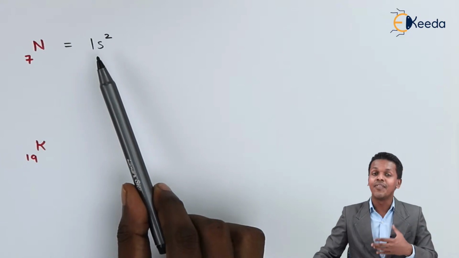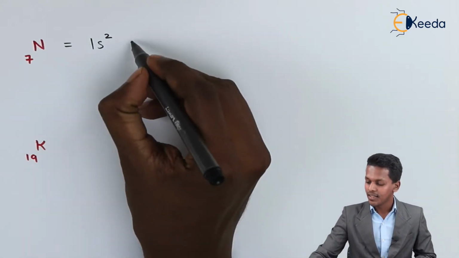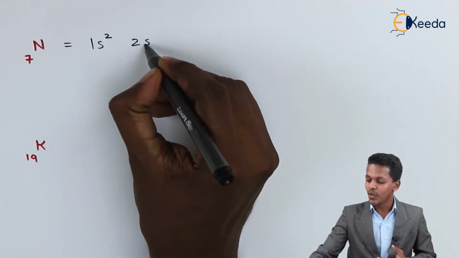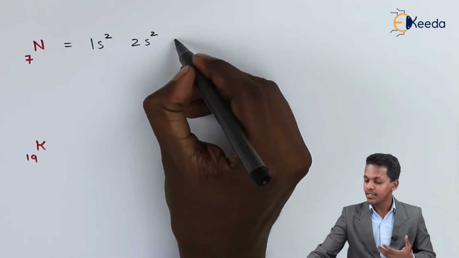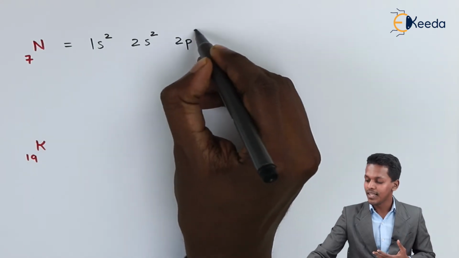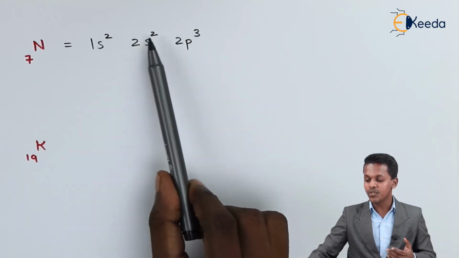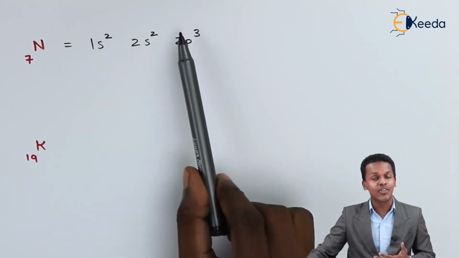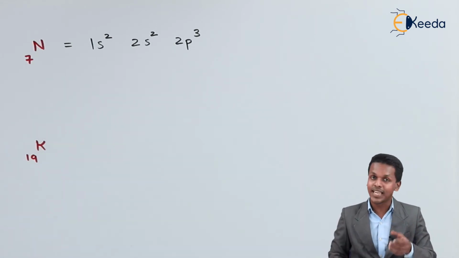How can we fill them? We can fill them in the next orbit, that is 2s2, and after that we represent it with 2p3. So we have 2 plus 2 plus 3, that is 7 electrons, and this is known as the electronic configuration of nitrogen.